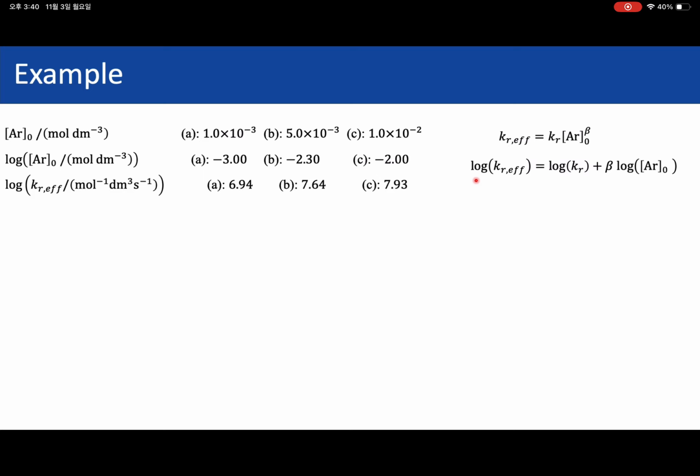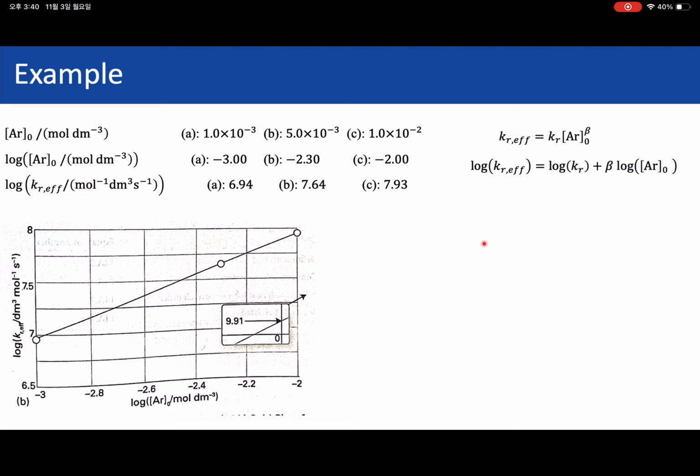So now we have three data points for the effective rate constant and the initial argon concentration. If we plot that in the graph, we have three effective rate constant values for the three different argon concentrations.